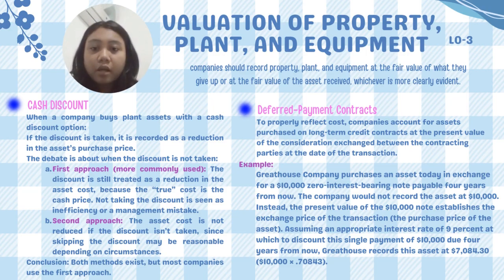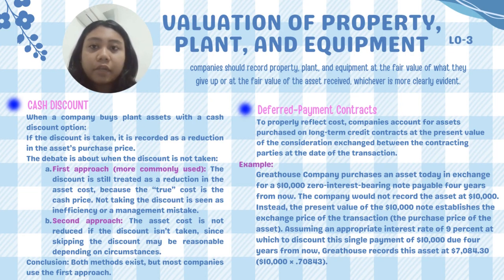The second approach is that the asset cost is not reduced if the discount isn't taken, since forgoing the discount may be reasonable depending on circumstance. The conclusion is both methods exist, but most companies use the first approach.